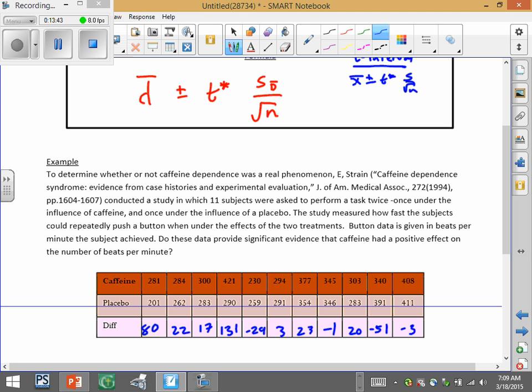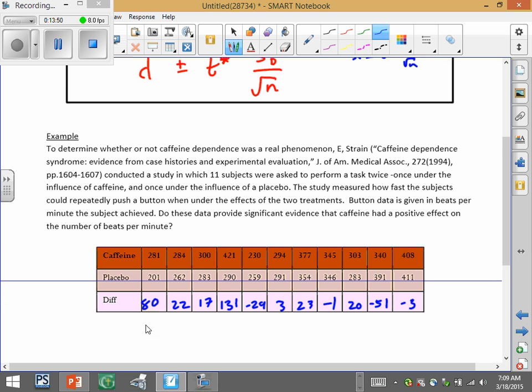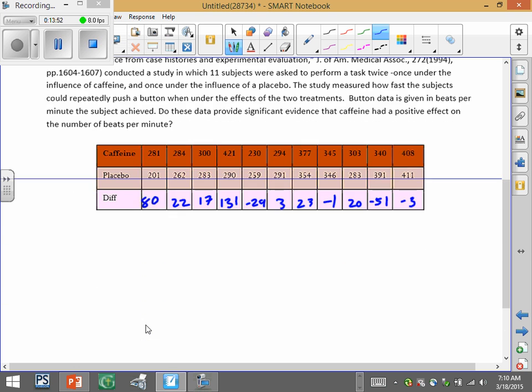And so what we want to do is set up, let's just take a look at how you would do a matched pairs t-interval.